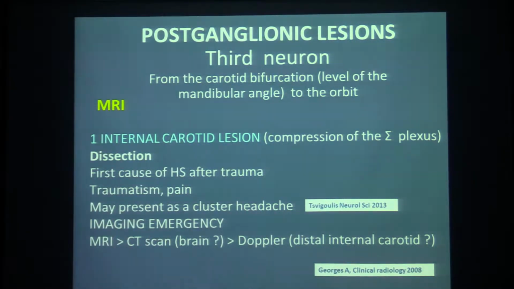The MRI, to me, is better than CT scan or Doppler, because the dissection is very low, just under the skull base, and it can be missed easily by the Doppler, and the CT scan can't make, as well as the MRI, the brain checkup.